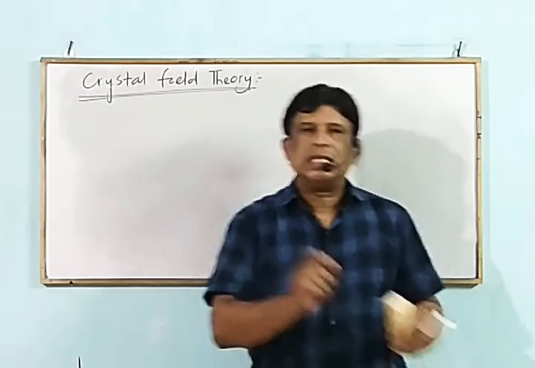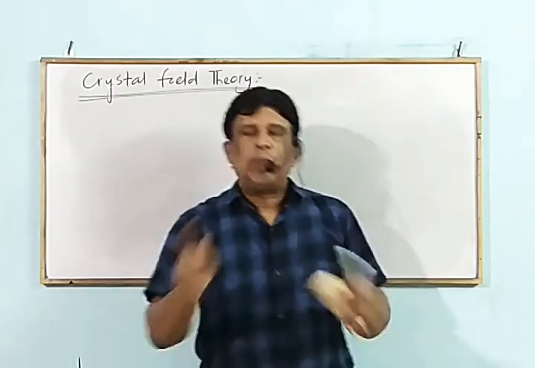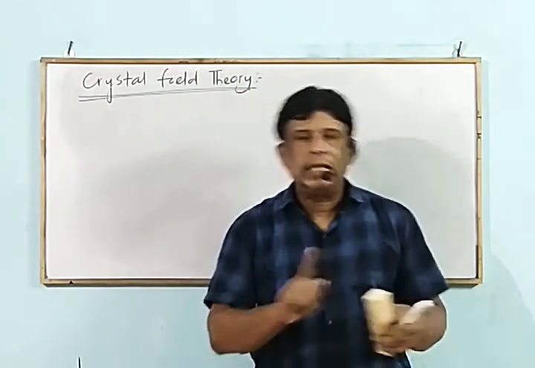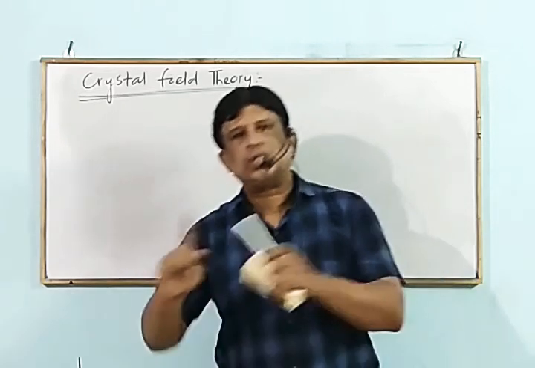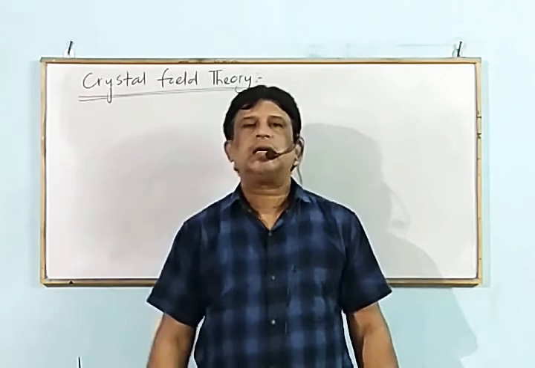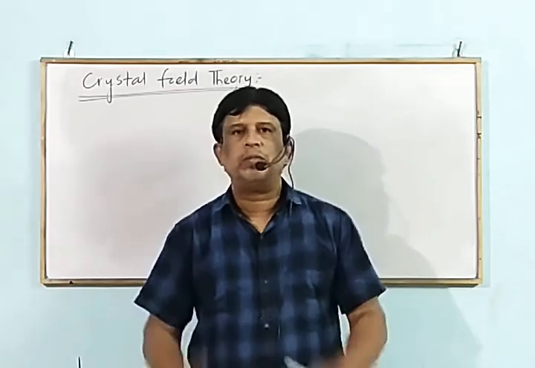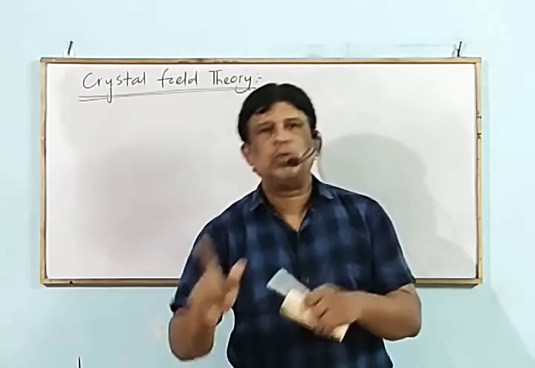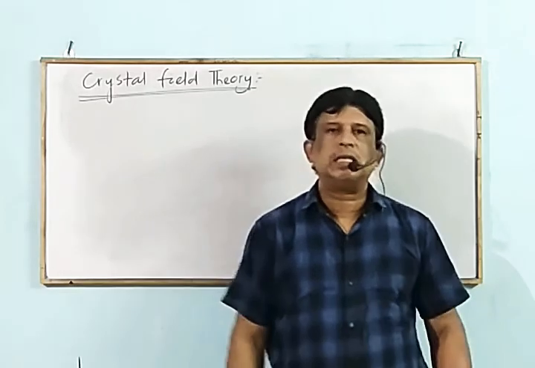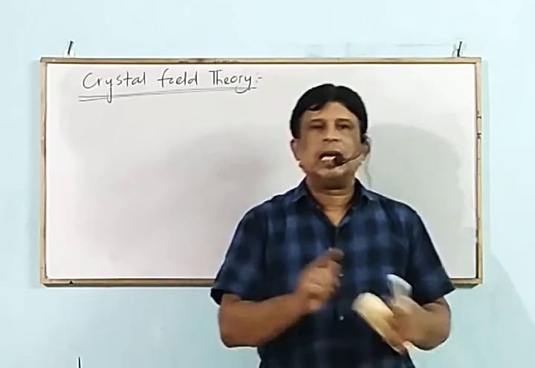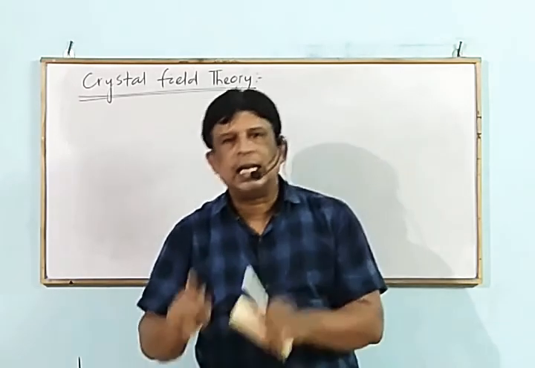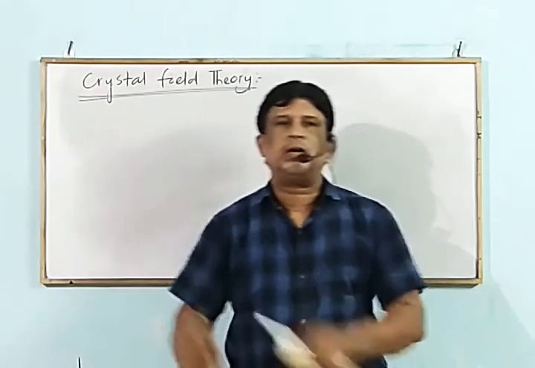As a result, the valence electrons present in the d orbital of the central metal atom adjust in such a way that the repulsion is minimum. They are placed in such a way as to avoid the ligand. Next point. As a result, the degeneracy of the d orbitals is disturbed.